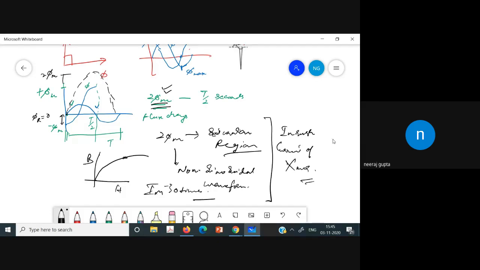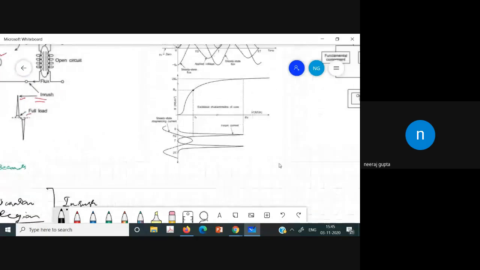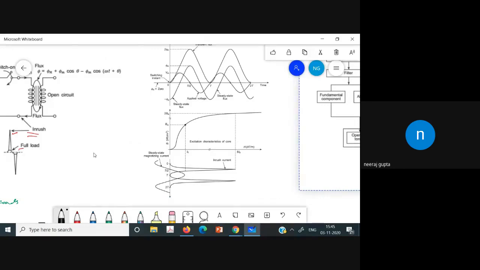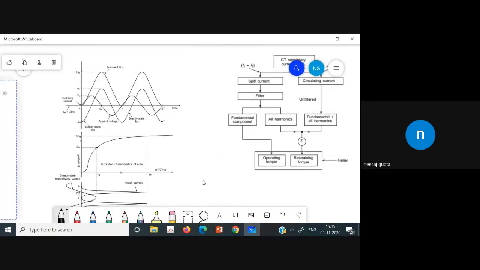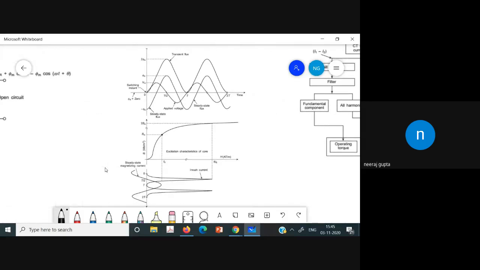Now we can explain it with the help of a diagram. This is the steady state flux that we have discussed, and this is the normal voltage, and in T by 2 the rate of change is 2 phi m.